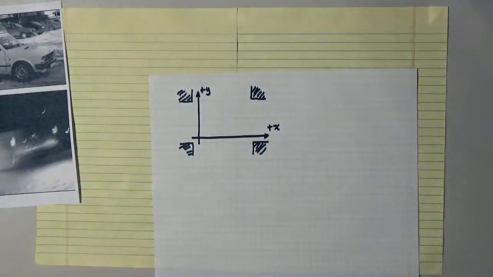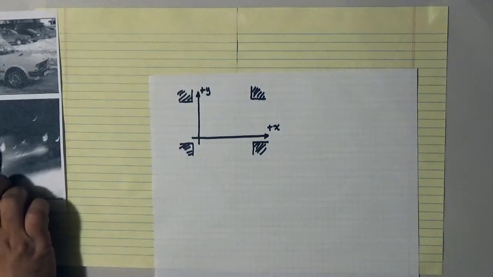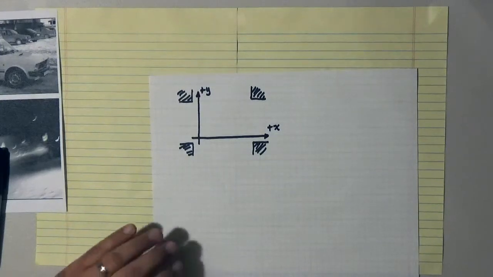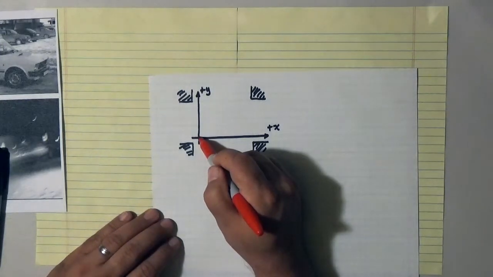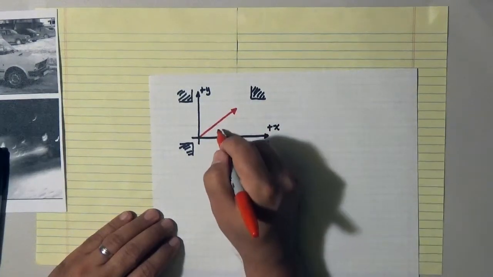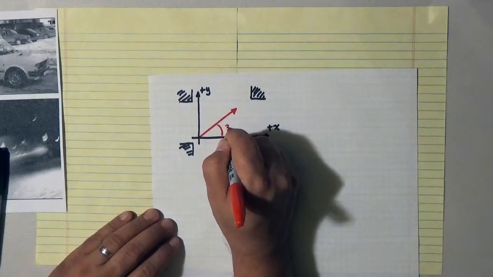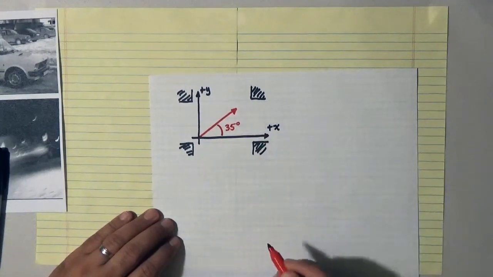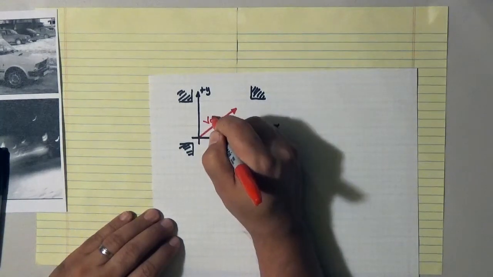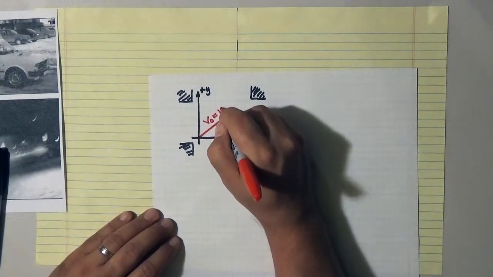And what the problem tells me is that I initially slide into the intersection along a trajectory that is 35 degrees above the x-axis. So my velocity vector is diagonally through the intersection, where the angle with respect to those coordinates that I've drawn is 35 degrees. Additionally, I'm told that the speed, the magnitude of that velocity vector, is 10 meters per second.